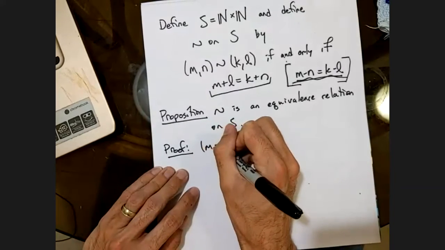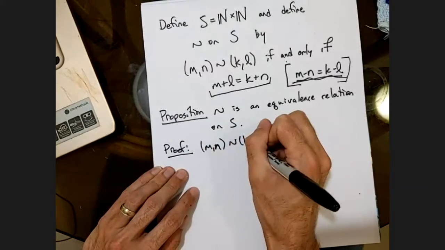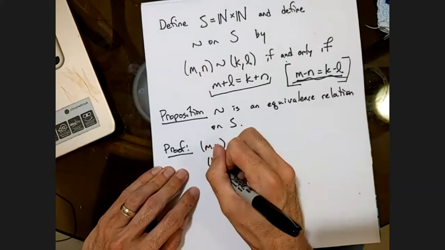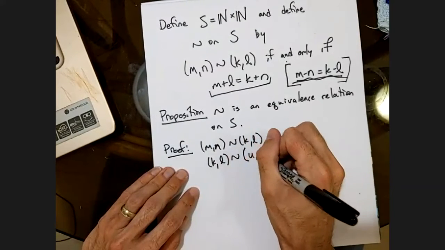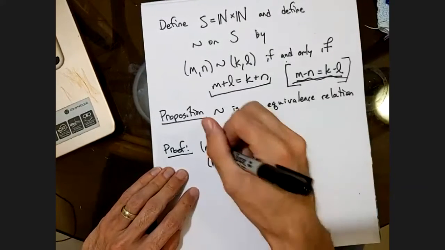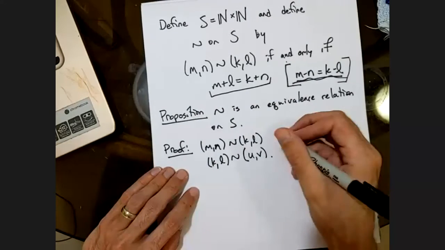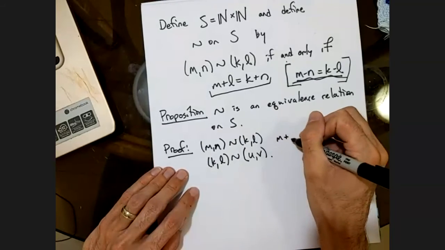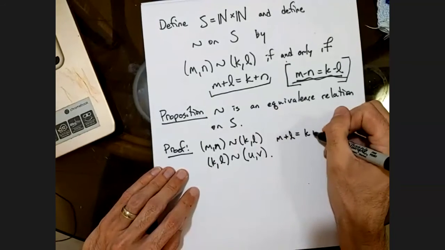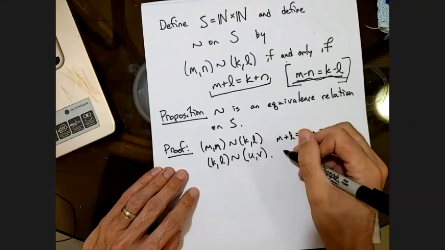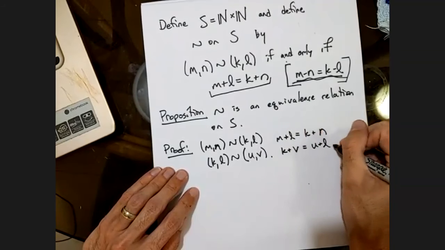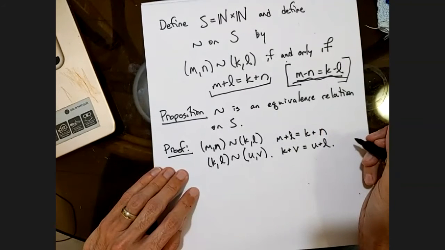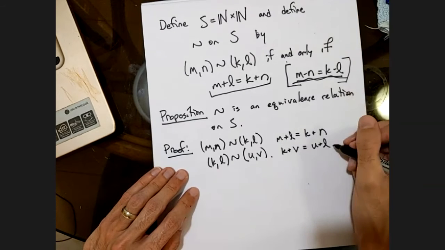So let's suppose the difference of M and N is the same as the difference of K and L, and also that K and L is the same as U and V. We have to show that M, N is the same as U, V. So we have M plus L equals K plus N, and we have K plus V equals U plus L. Then we add both of them.